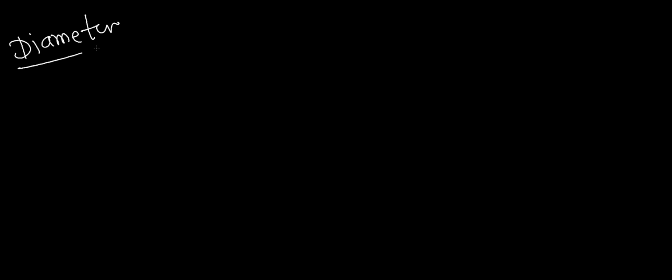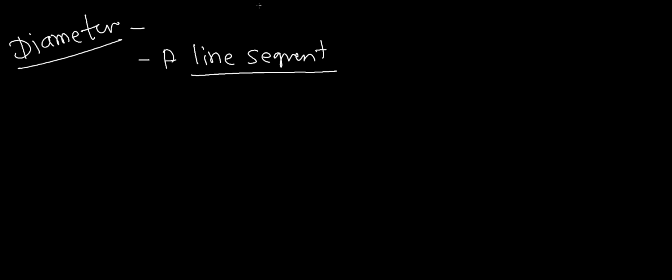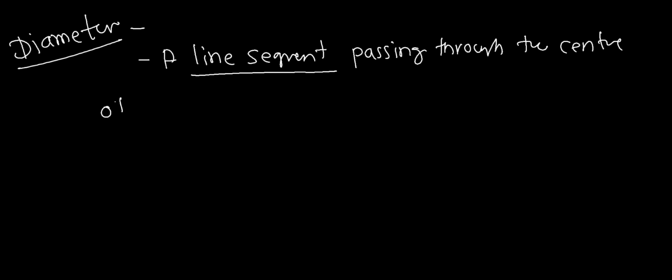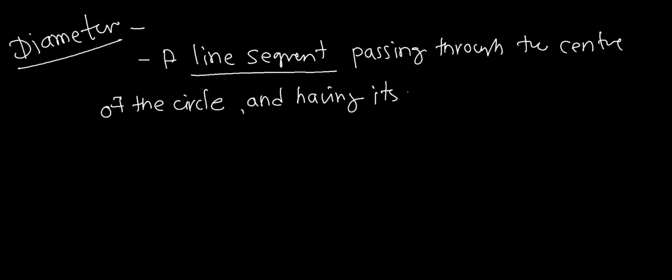Diameter. So what is diameter? A line segment, this is important, a line segment passing through the center of the circle and having its endpoints on the circle itself, that is the boundary of the circle. So we'll draw the figure.